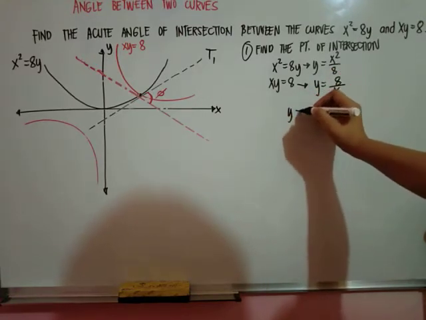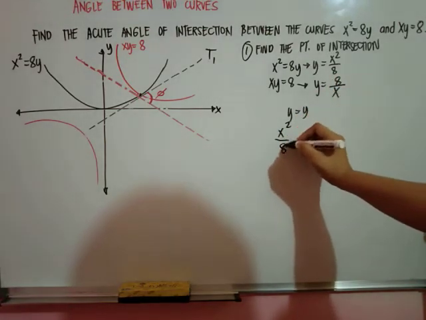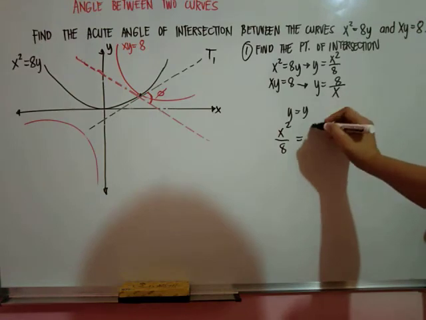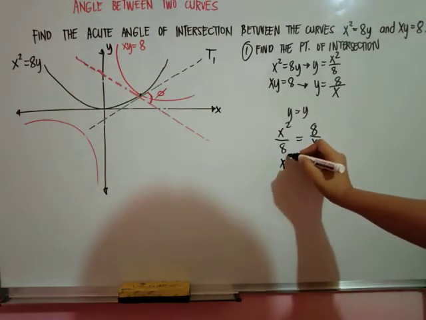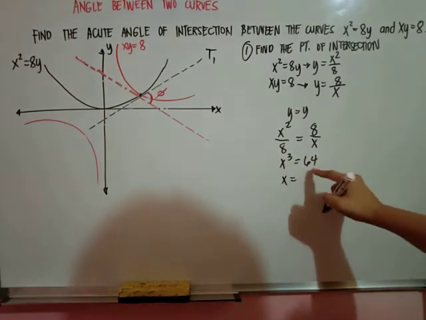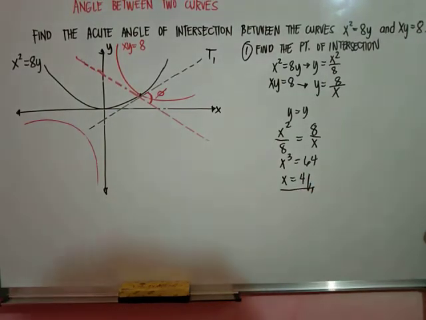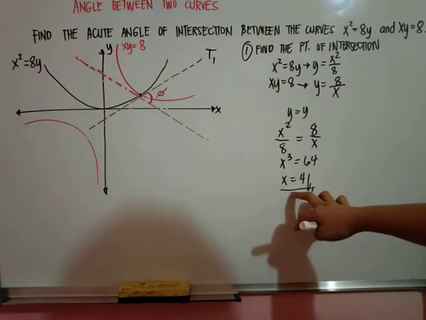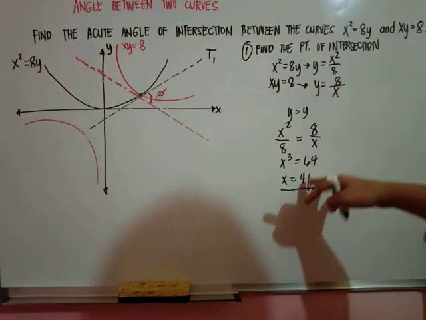So, y equals y. So, x squared over 8 is equal to 8 over x. So we have x cubed equals 64. Then, cube root of 64 is 4. So, yung value ng x natin is 4. And then, paano naman natin makuha yung value ng y?